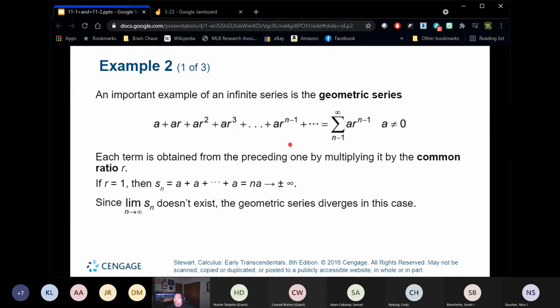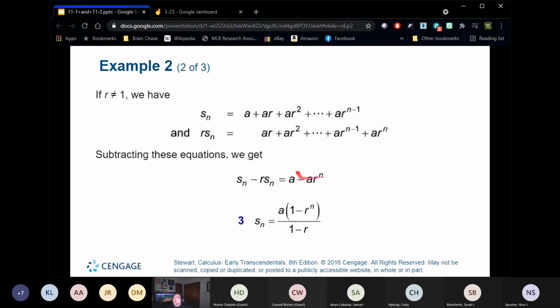If r equals 1, it doesn't work because it's just going to keep adding the same number over and over again. It goes to infinity. If r does not equal 1, we're going to get this sequence here.